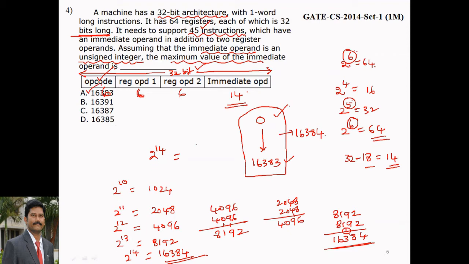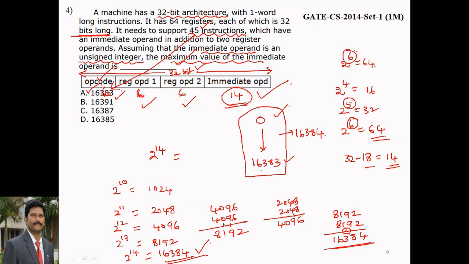What is the conclusion here? The 32 bits is given, and the opcode is also given. It is 6 bits, derived from 45 instructions. So we take 32 minus 18, and we got 14 bits. He asked what the maximum number is. So 2 power 14 equals 16,384. The range is 0 to 16,383, where 0 is the minimum and 16,383 is the maximum.